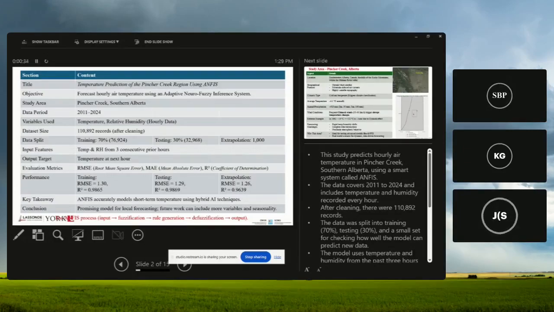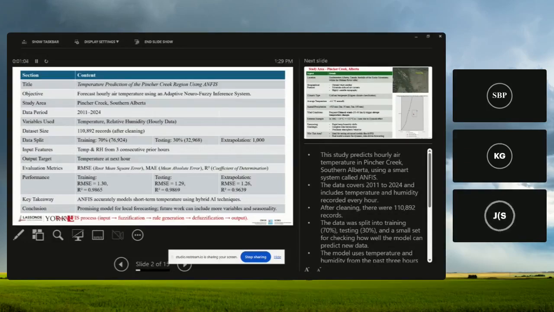The variables we use for this model are temperature and relative humidity, but in future we will of course use other variables. The data size is almost 110,000 records after cleaning. Around 70% of them are for training, 30% for testing, and 1,000 for extrapolation.